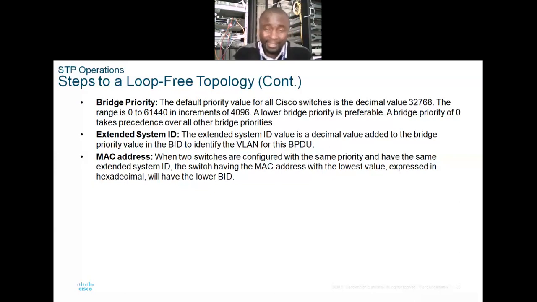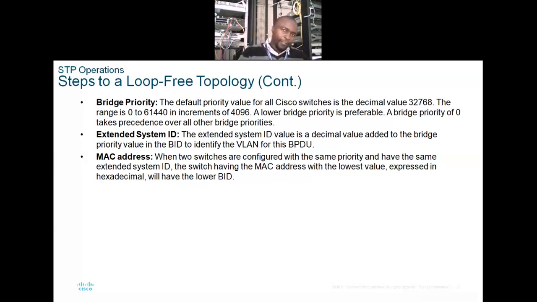You can assign a priority value to a particular switch. But if you do not assign, by default, the switch will take on a priority value of 32768. So if I have 3 switches, each of them will have the same priority value of 32768 in addition to their MAC address.